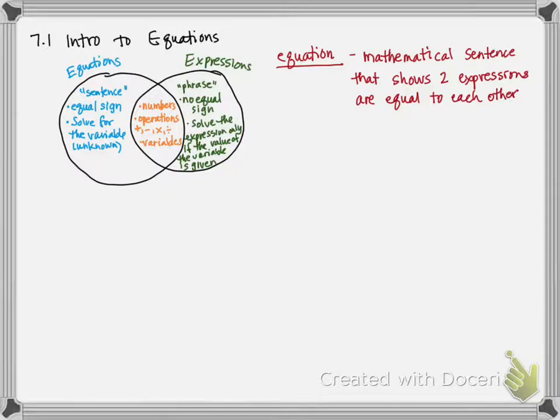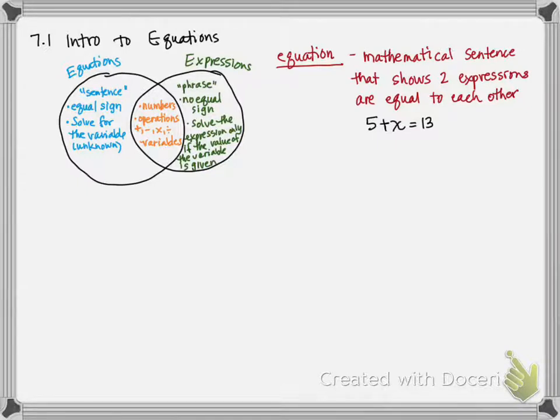Okay, so for example, we can say 5 plus x equals 13. So you might say, well, wait a second, that right side's just a number. But remember, an expression can be a number, a variable, or a combination of numbers and variables. Okay, so that's okay to be just a number alone.